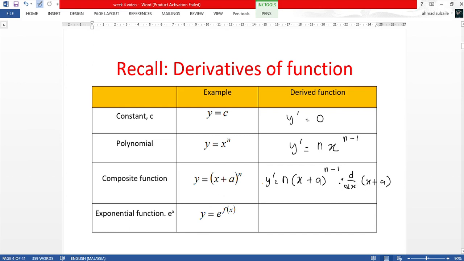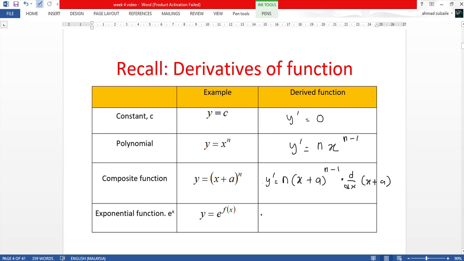Remember, your last term will be a multiplication with the derivative of the function inside the bracket. Whether you have an exponential, a natural logarithm, or a trigonometric function, the last term will be multiplication with the derivative of the function.